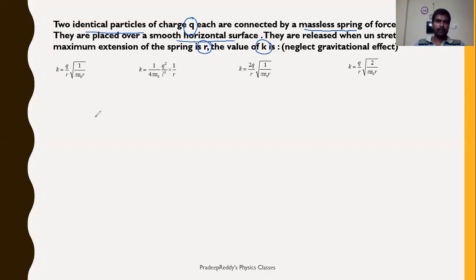Now let me explain the question. This is a horizontal surface. On the horizontal surface, let me take two charges. Here is one charge, here is another charge, and these are identical charges whose charge is Q, and these two are connected with a spring which is massless.